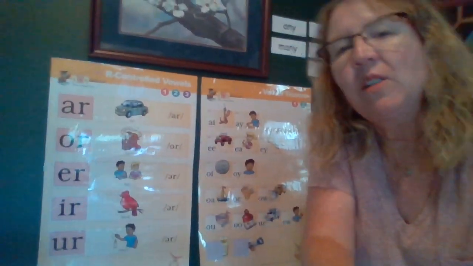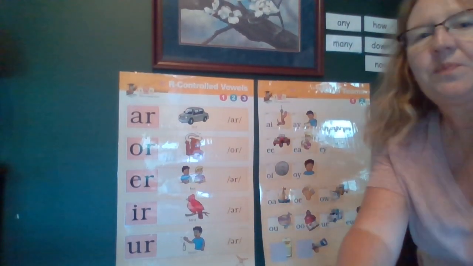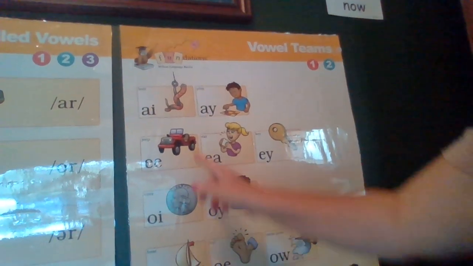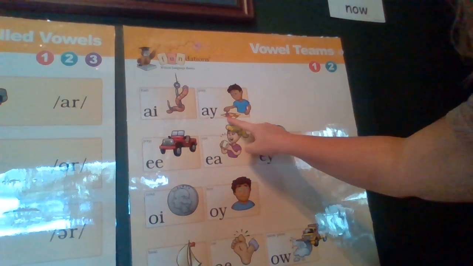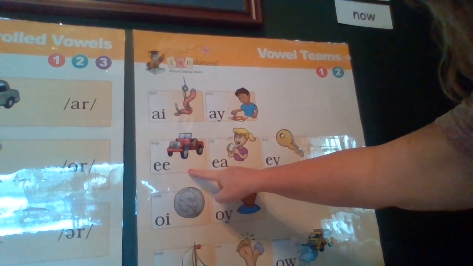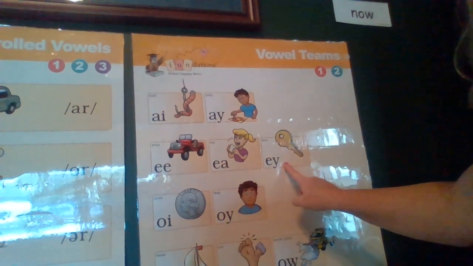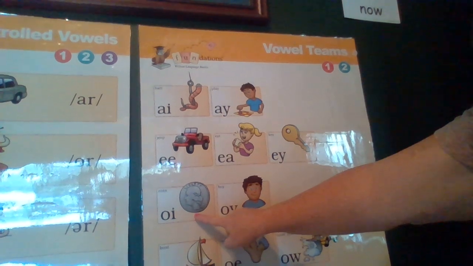And then our vowel teams. Oh, it's got a glare on it. I'm so sorry. Vowel teams. Let's see if I can get a little bit better, closer. All right, we have AI, bait, A. AY, play, A. EE, jeep, E. EA, eat, E. EY, key, E. OI, coin, oi.